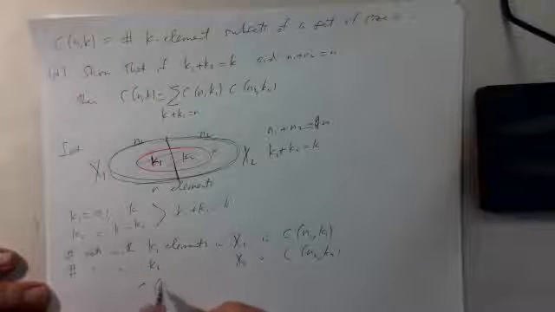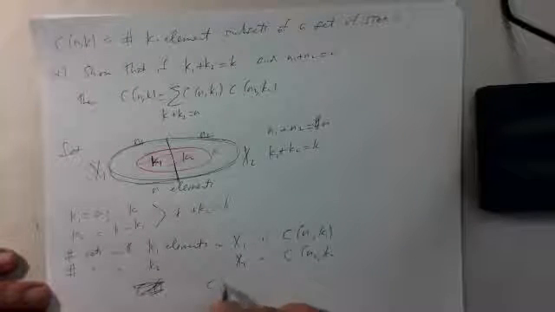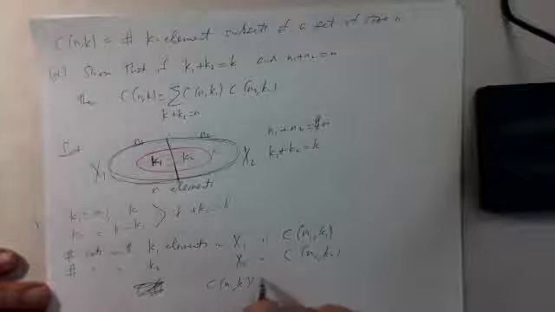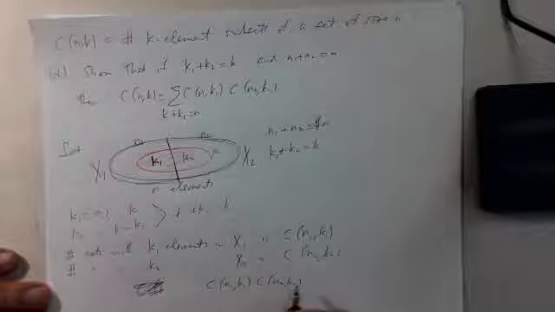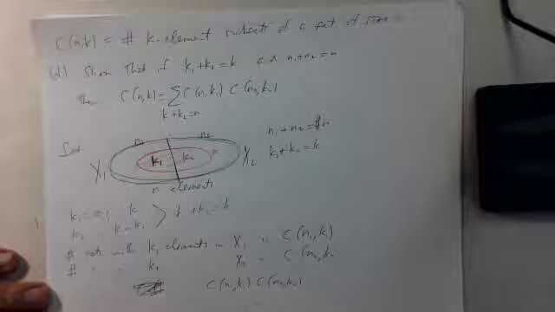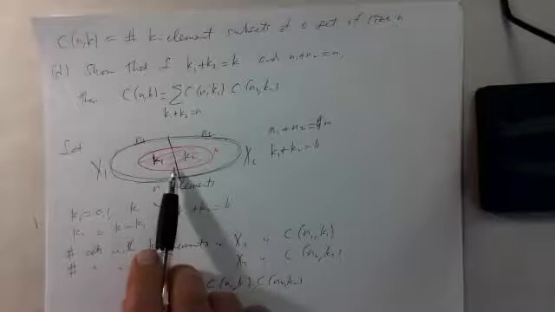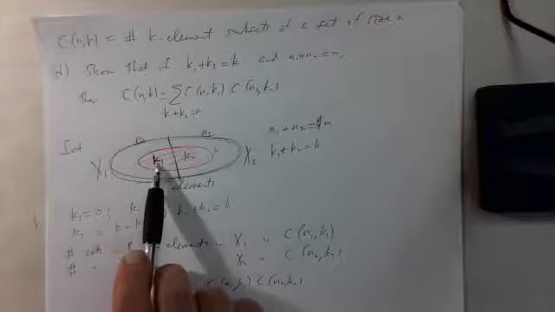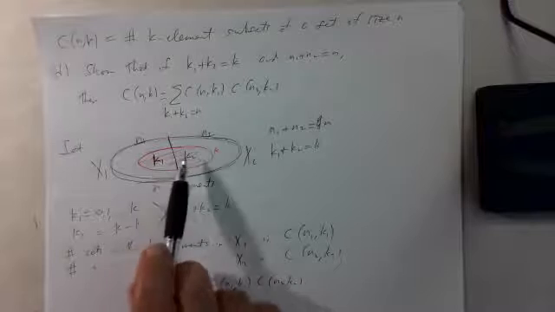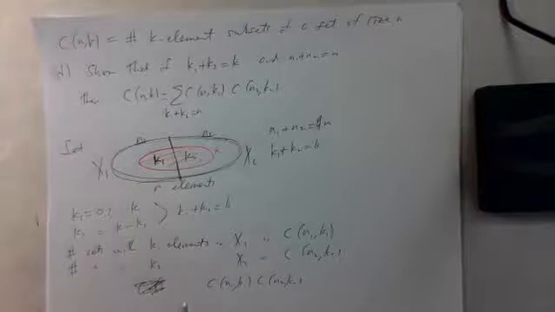So C of n1, k1 times C of n2, k2, this is exactly the number of subsets of size k which have k1 elements on the left side and k2 elements on the right side.